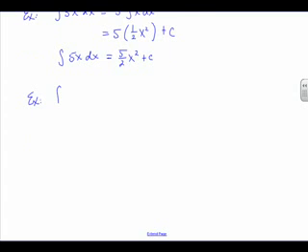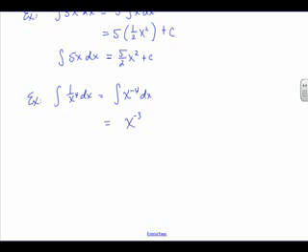Another example, integral of 1 over x to the 4th dx. We want to rewrite that as x to the -4th power dx. And the power rule for working with antiderivatives, instead of subtracting 1 from the power, we're going to add 1.